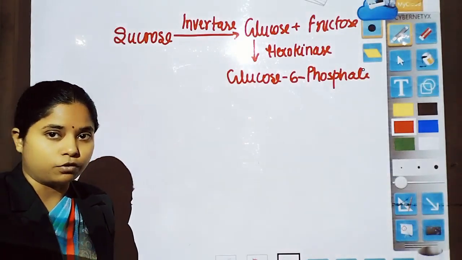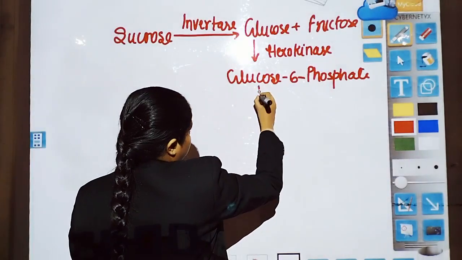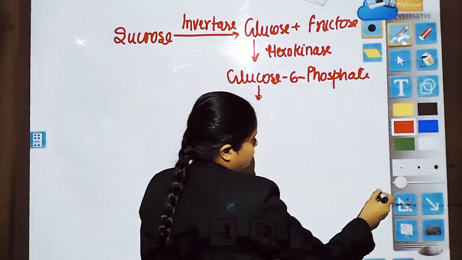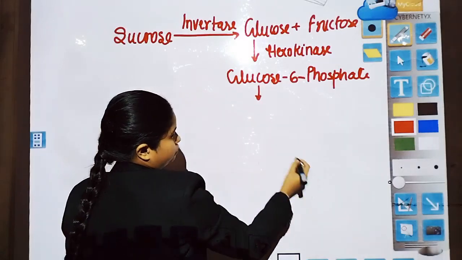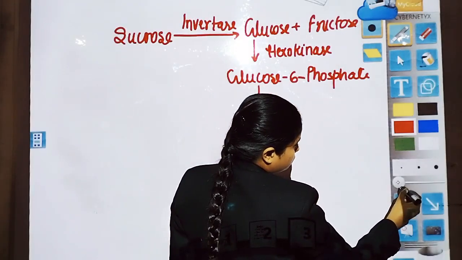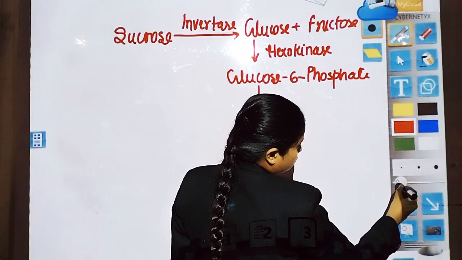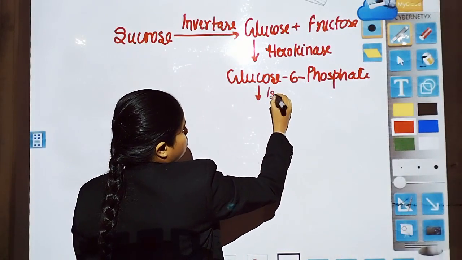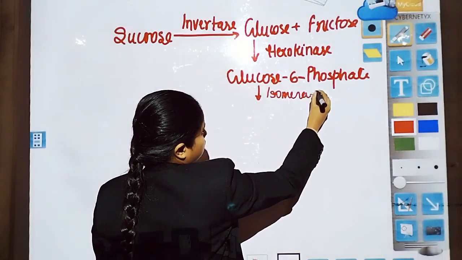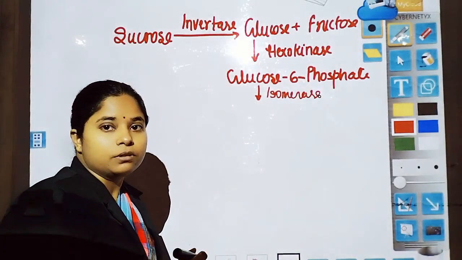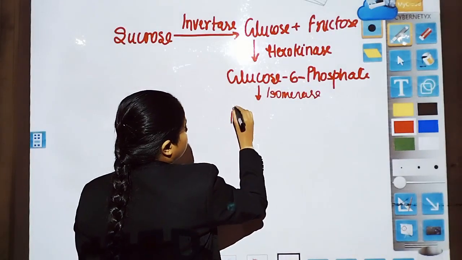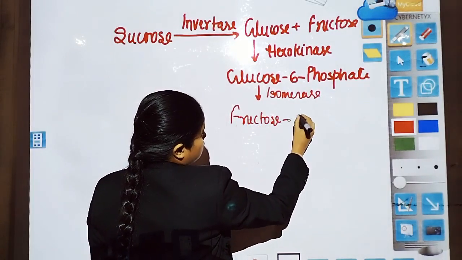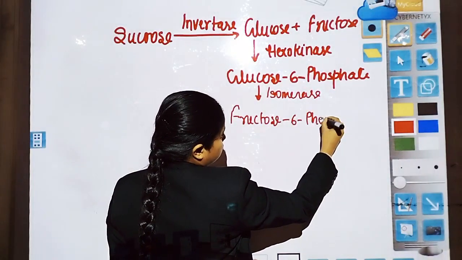Then, in the presence of the enzyme isomerase, there will be formation of fructose 6-phosphate.